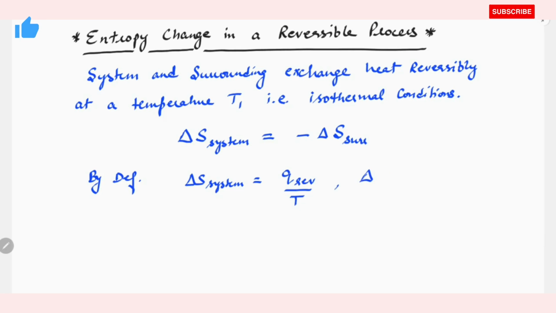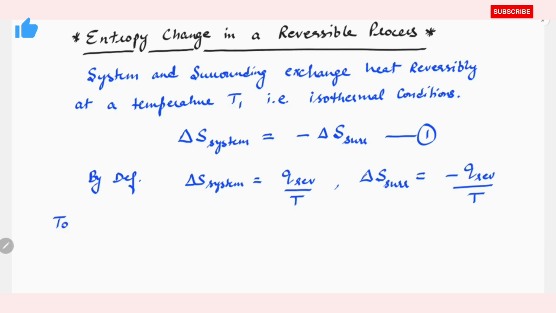Similarly, in case of surroundings, entropy change can be written as minus Q reversible by T because of the relation stated above.